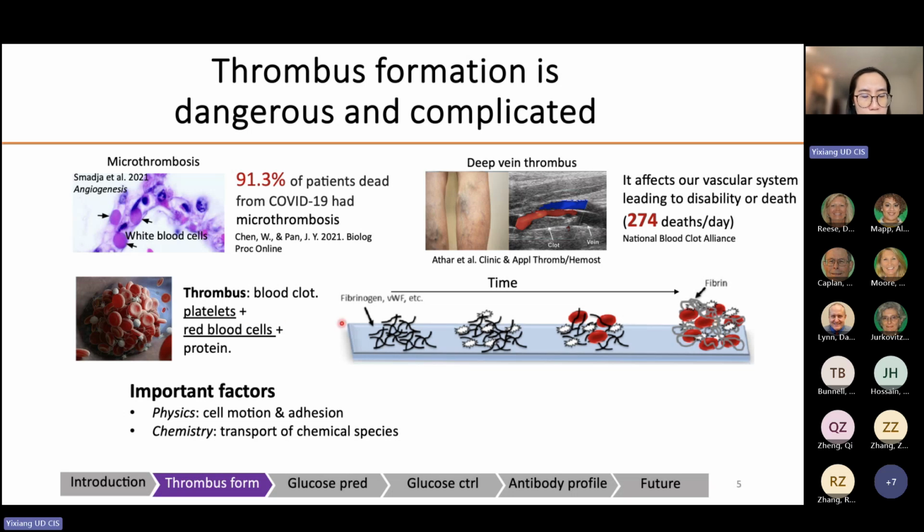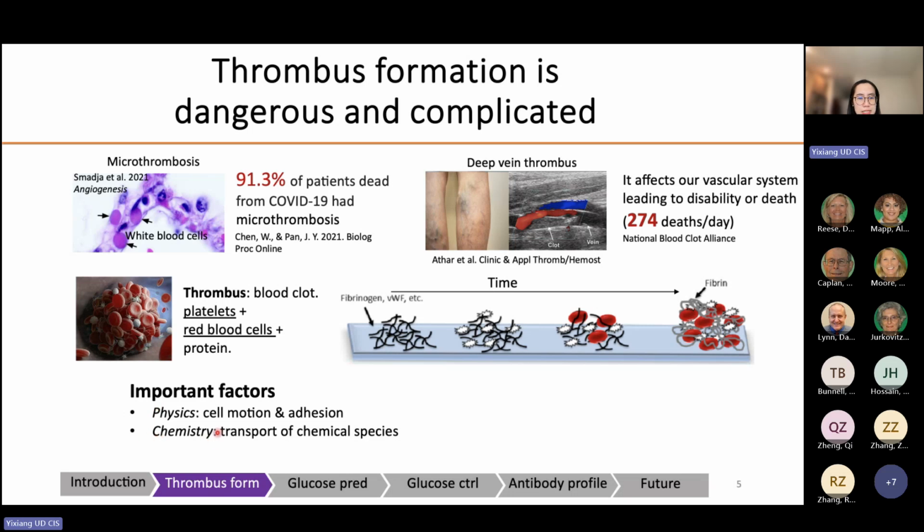So you may find out there are two important factors addressing this significant process. One is the physical, or you can say the mechanical property, because the cell motions are driven by the blood flow that's happening all the time, and also it involves adhesion between molecules like protein with cells and among cells.